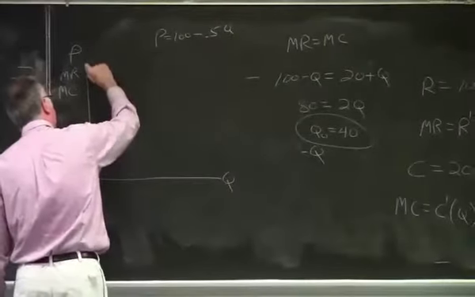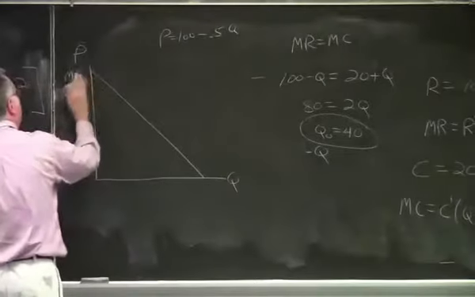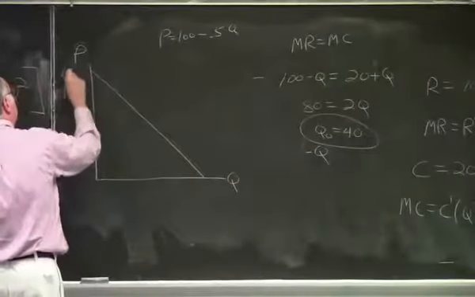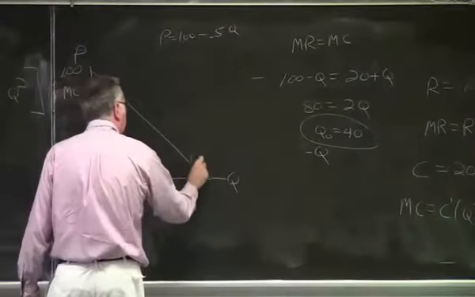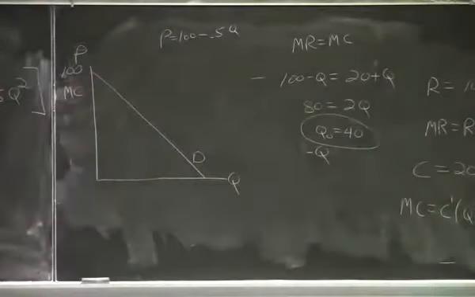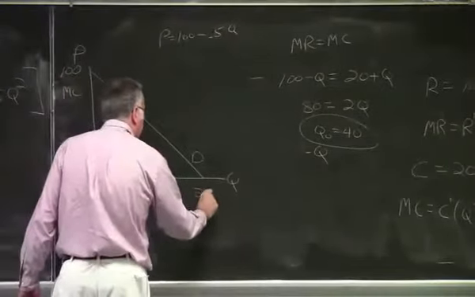Our inverse demand curve looks like this. This is 100 up here, and I'll label that D, and it would cross at 200, because the slope is 0.5.